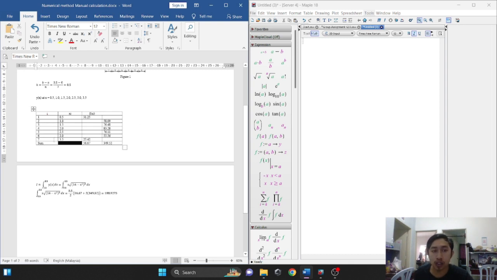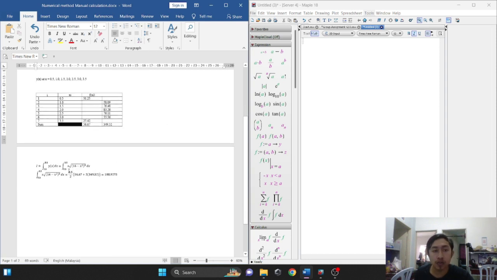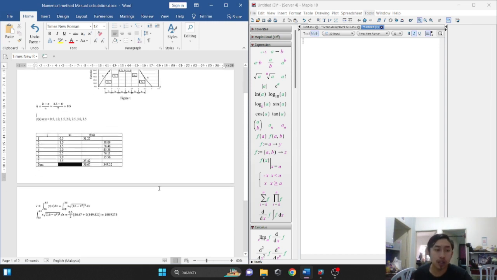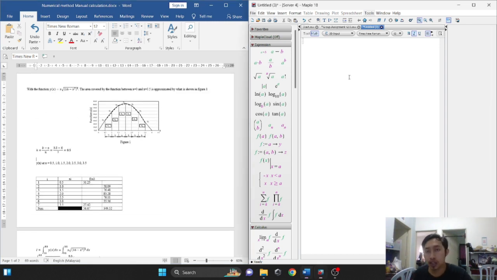So 2 until 6 is 349.52, the answer of the sum. So we got the answer for the integration of this equation. We got 188.9275. Okay, so this is the answer for the manual calculation.